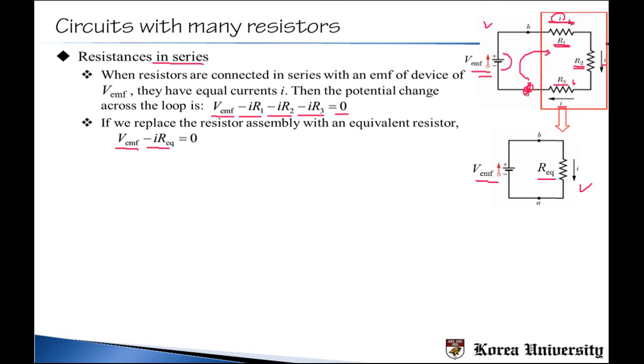So here, using these two equations, you can finally figure out that this REQ is in fact equal to R1 plus R2 plus R3, meaning that when the resistors are connected in series, their equivalent resistance is a simple summation of all the resistors, okay?